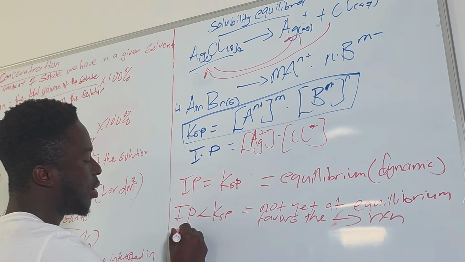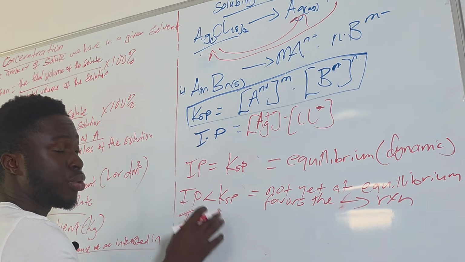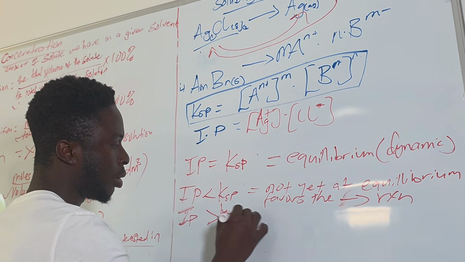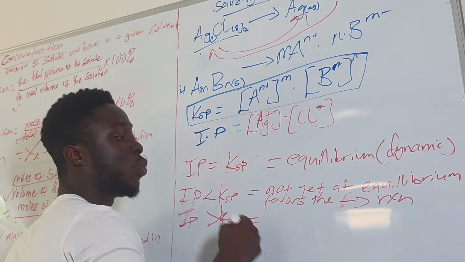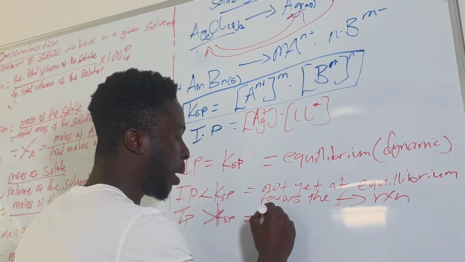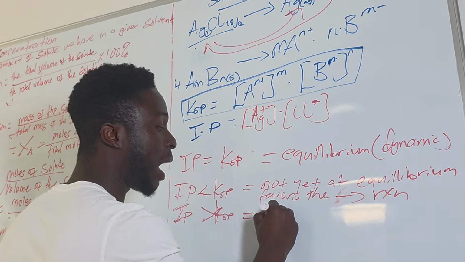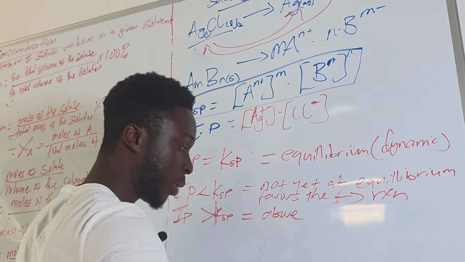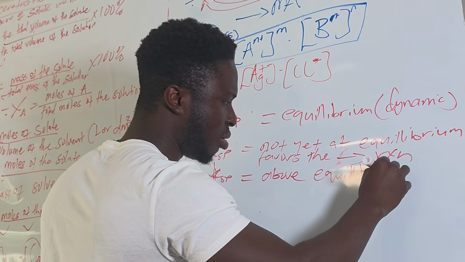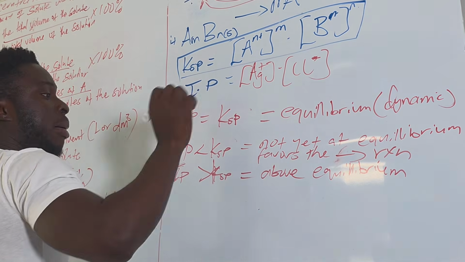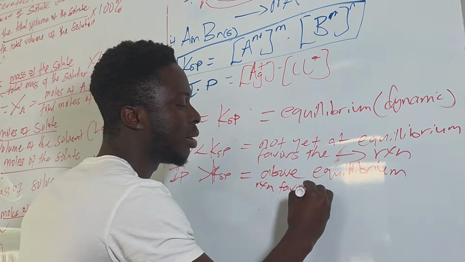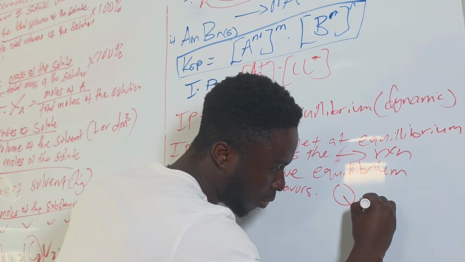And if IP, which is the ion product, is greater than Ksp, it just means that we have superseded the equilibrium. So we are above equilibrium, or we've reached beyond equilibrium, which usually doesn't happen much, but it just means that the reaction now favors the reverse one, right?